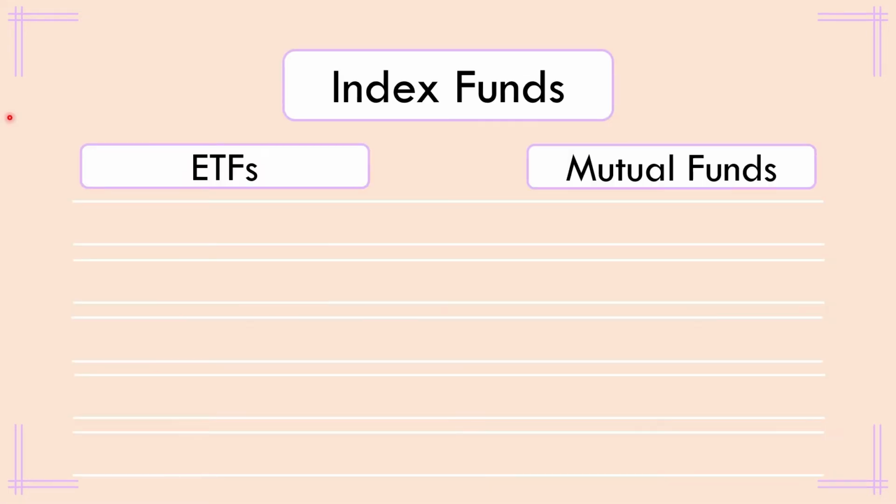Now, just real brief, the difference between the options we will see in index funds between ETFs and mutual funds. The first we have, are they tradable? And we're going to see here, yes, they are both tradable.